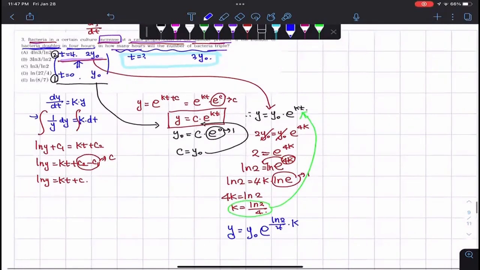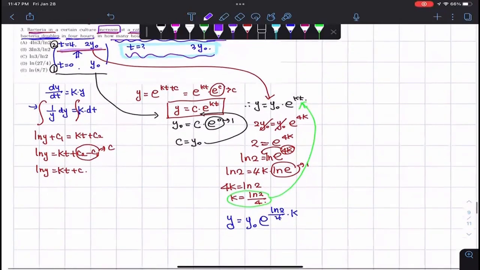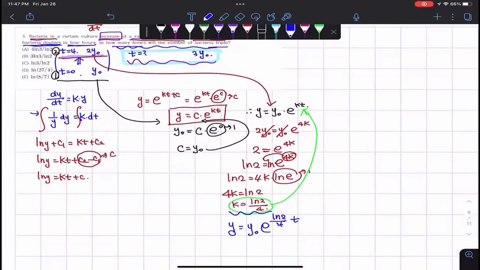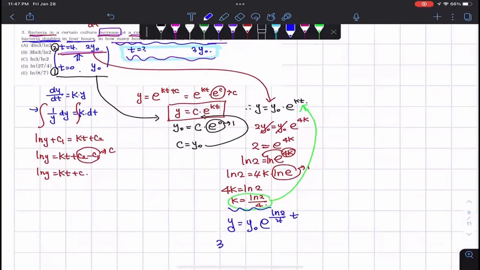My goal is 3 times y0, and t is the question. Sorry, this is t, because k equals ln 2 over 4. Plug in this value: 3 times y0 equals y0 times e to the power of ln 2 over 4 times t.